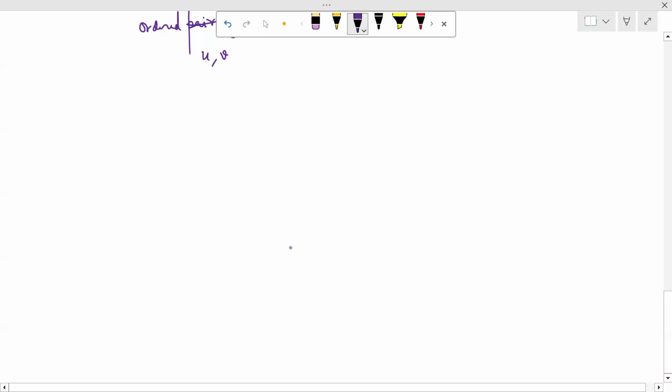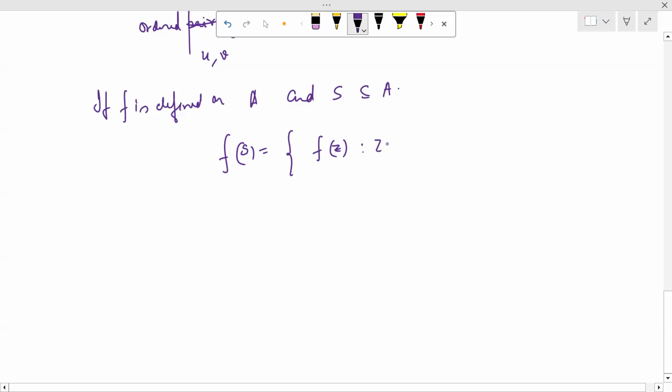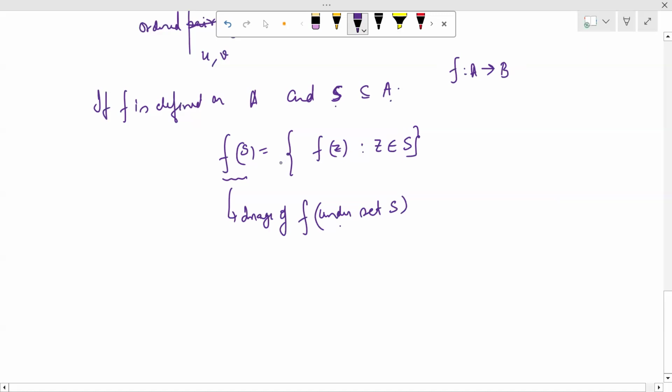Okay. Now let us say that f is defined on A, and if I take certain values S, which is a subset of A, then what is f(S)? f(S) is nothing but the functional values of all those z where z is contained in S. And this f(S) is called the image of f under the set S. So f is defined from A to B. If S is a subset of A, and I find the values f(z) where z belongs to S, these values are called the image of f under set S. And what is the range of f?